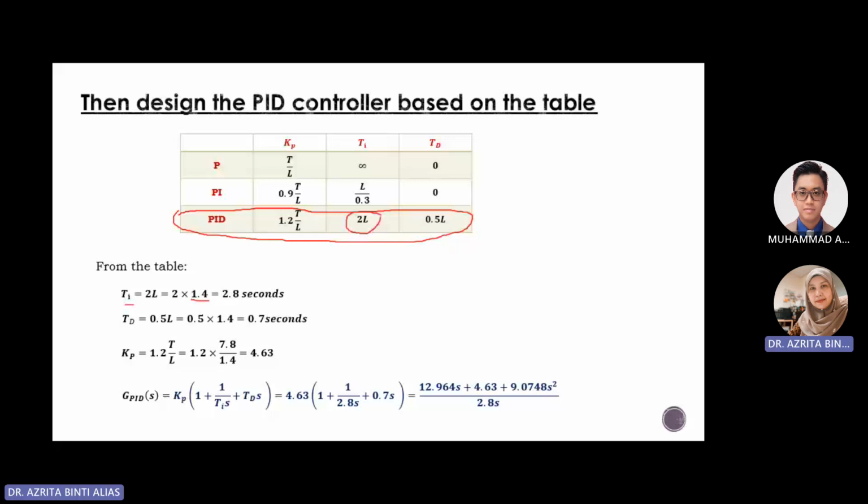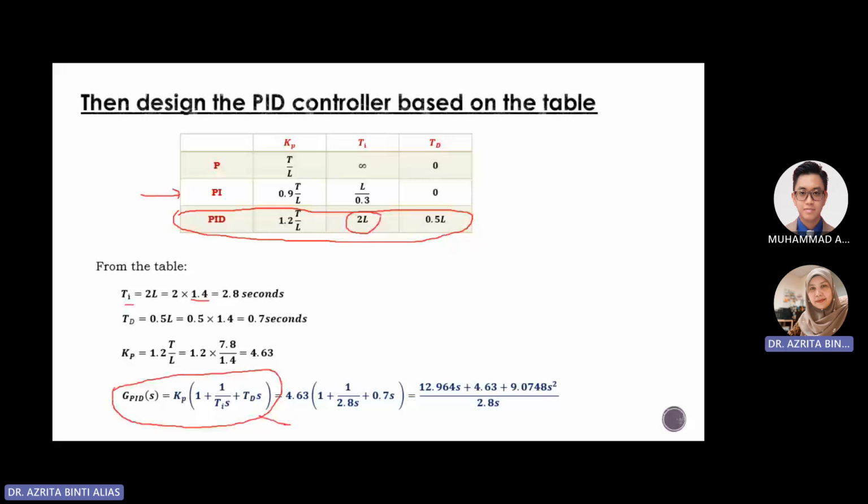So let's say you want to design the PI controller, you need to refer to this row, the PI controller. You will find the value of KP and the value of TI. After we obtain TI, TD, and KP, we substitute all these values into the general equation of the Ziegler-Nichols method.